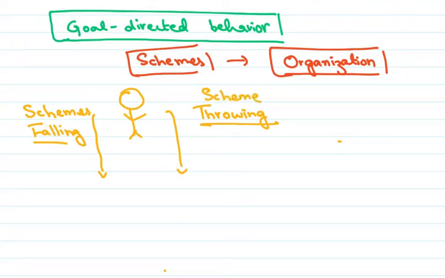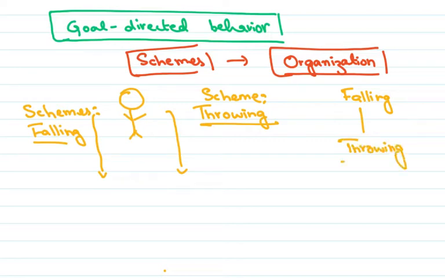Now, with the process of organization, Rehan has built the scheme of falling and the scheme of throwing with direct interaction with the world. But how exactly are these two schemes related to one another? How does falling relate to throwing?